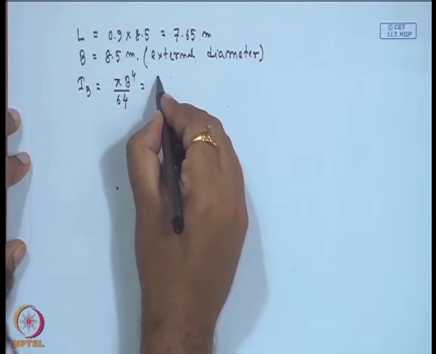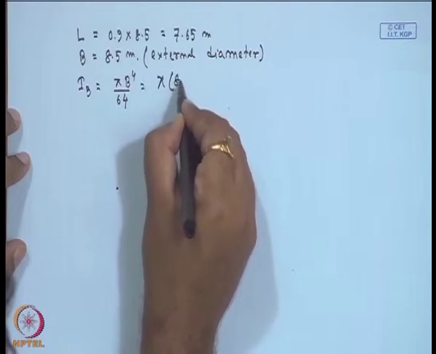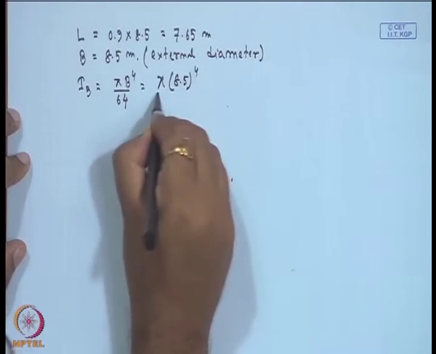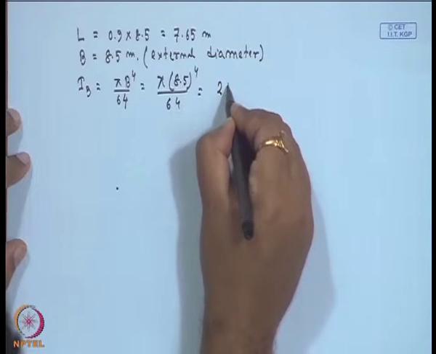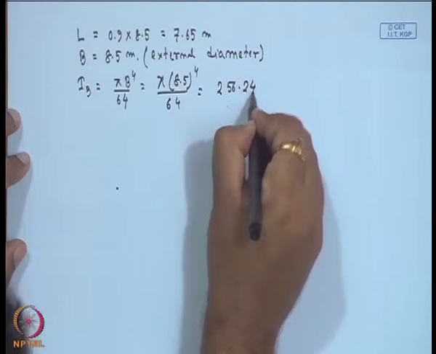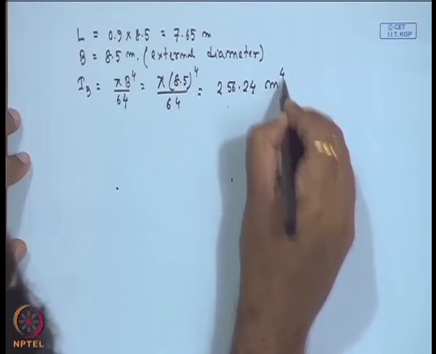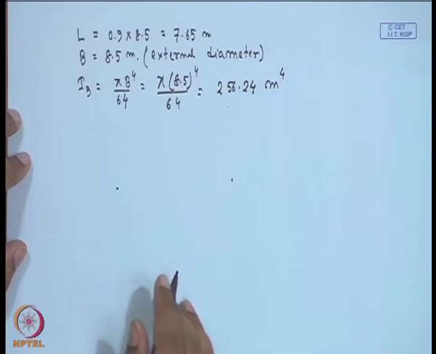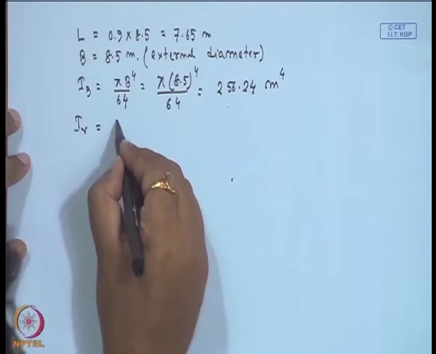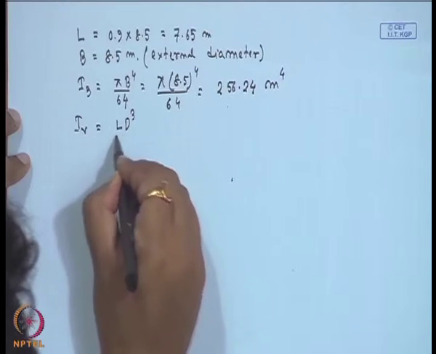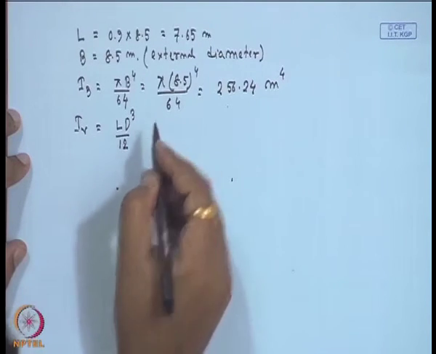So, pi into 8.5 to the power 4 divided by 64 is 256.24 meter to the power 4, and Iv is taken as L d cube divided by 12.